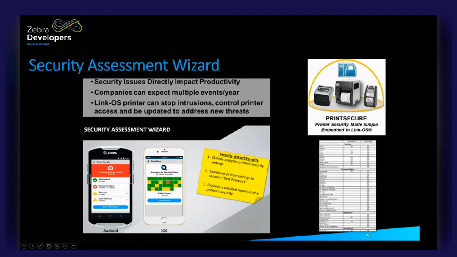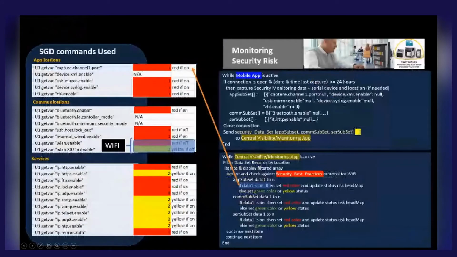What we recommend is, if you have a Zebra Link, move forward or update your equipment to a LinkOS printer, because the LinkOS printer will give you options to implement the new security updates that we have made. Okay, let's review in detail how this security update works.